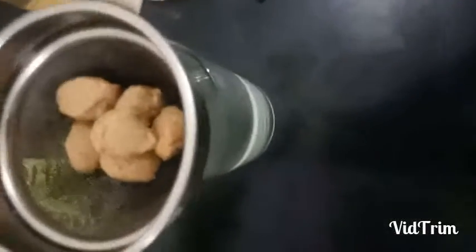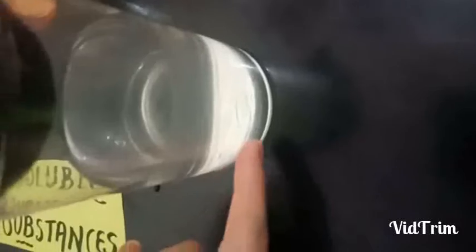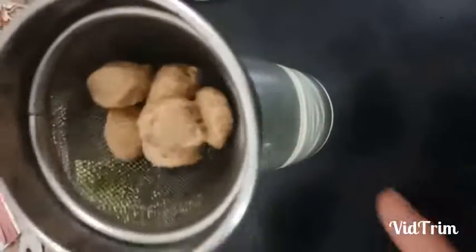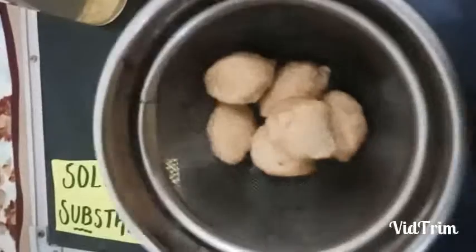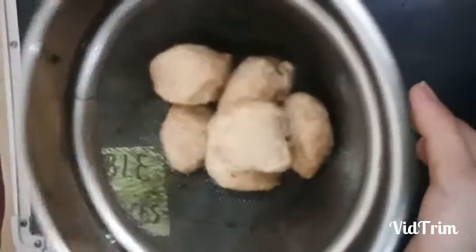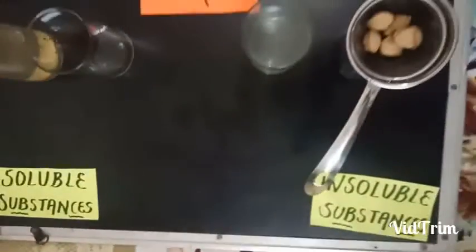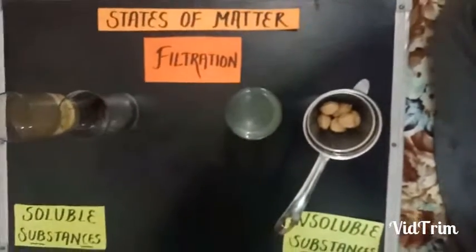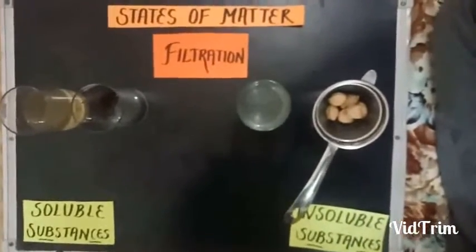Kids, you can see the clear water as sugar is completely dissolved in the water. But what is left behind? What is left over? The leftover part is your soya chunks. I hope this method is all clear to you. So this is your filtration method.